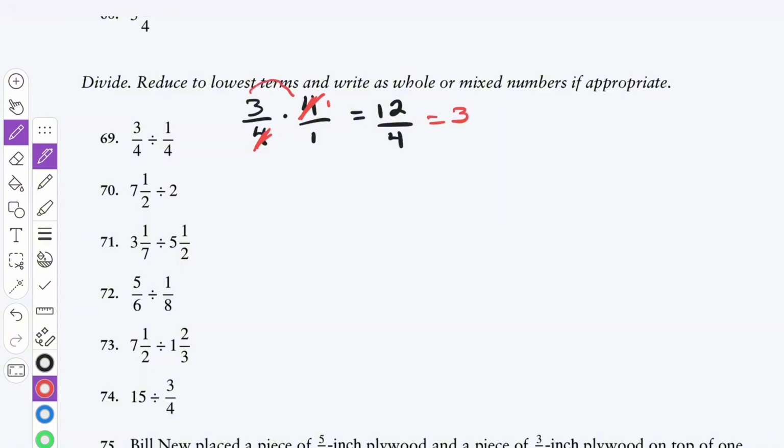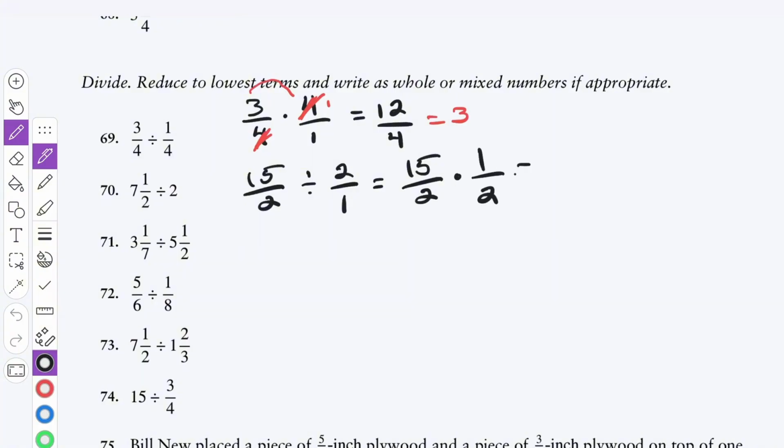Okay, so for 70, I'm going to change this into an improper fraction. So I'm going to get 15 over 2 divided by 2 over 1, right? So we will do 15 over 2 times 1 over 2, and we get 15 over 4.